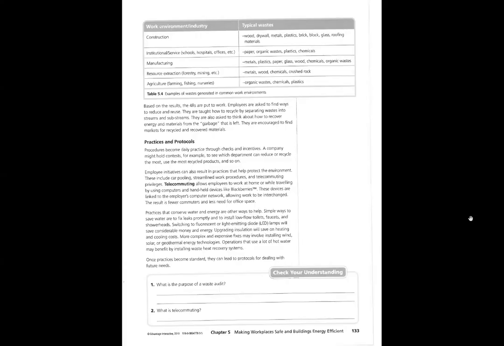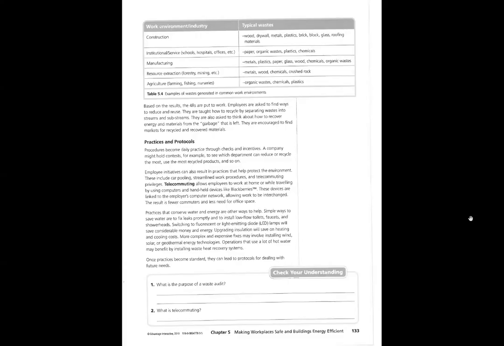Institutional or service types of waste from schools, hospitals, and offices would be paper. Paper's huge. That's a big one at those types of places. Organic waste, we've talked about, food waste, plastic waste, and chemical waste.